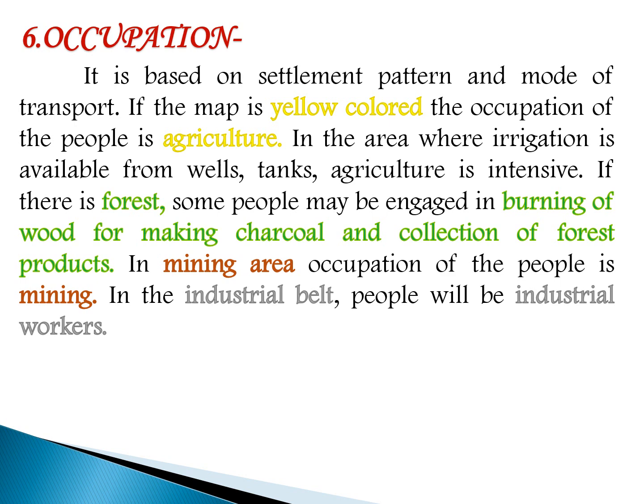So the yellow color represents cultivated land. If there is cultivated land, the occupation of the people will obviously be agriculture. In some areas where irrigation is available, either from wells or tanks, agriculture is very intensive because of the availability of water.